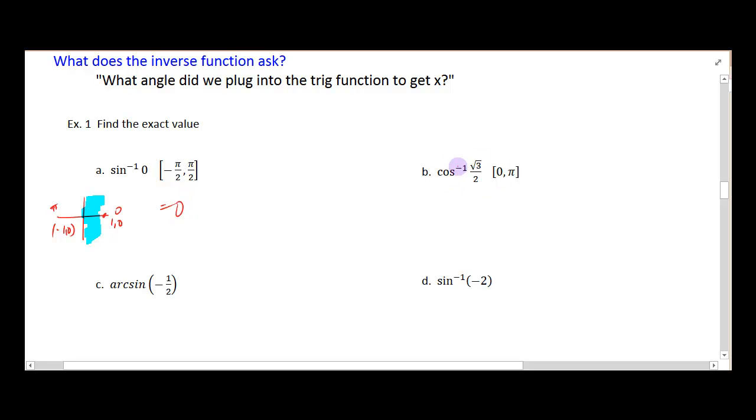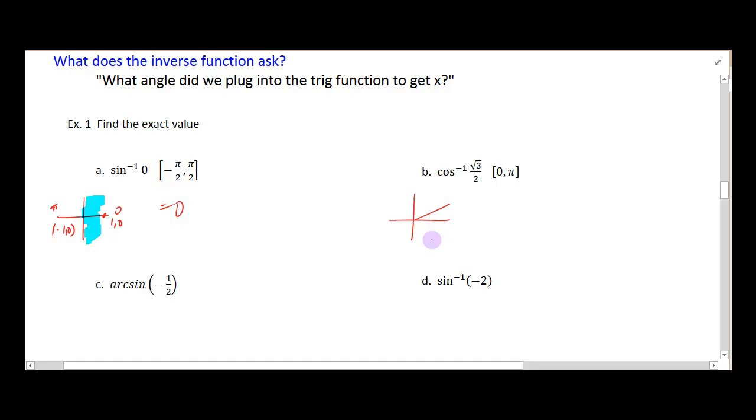Let's look at the inverse cosine of the square root of 3 over 2. So you ask yourself, for what angle, when I take the cosine of it, do I get the square root of 3 over 2? Looking at my graph right here, when I take the cosine of an angle, I get positive square root of 3 over 2, meaning that I have to be somewhere over here in the first quadrant, because cosine is positive here.